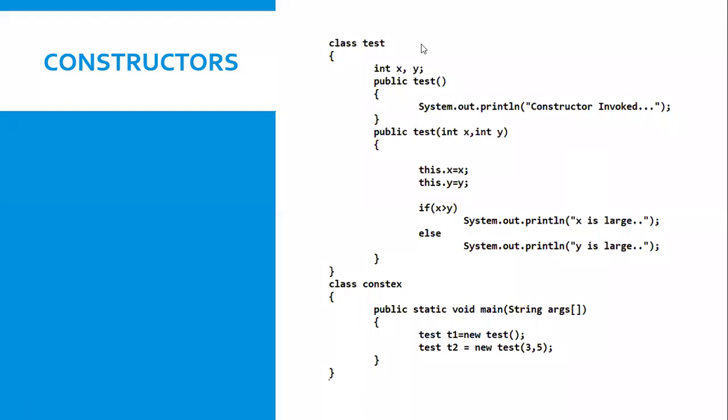Okay, let us see if some of the students have doubts. So there are two types of constructors, and each constructor has a different signature. Here I can say the constructor has been overloaded. This default constructor simply displays the message "constructor invoked."